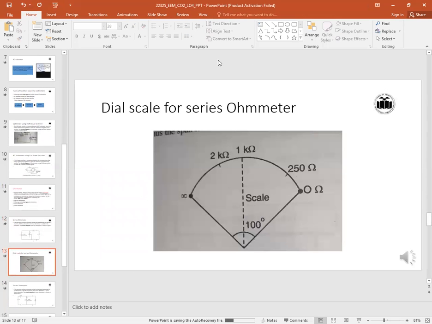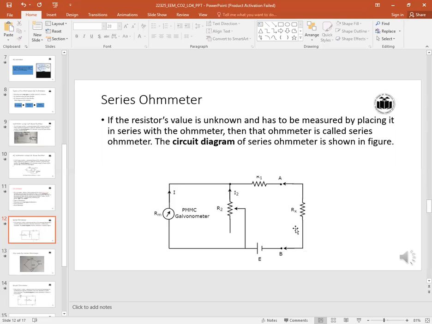And next, here we can see the series ohm meter values. The series ohm meter values are in different ranges. So, what are the ranges? It will be Rx. This Rx is connected across the A and B. Therefore, we have to measure that maximum value.